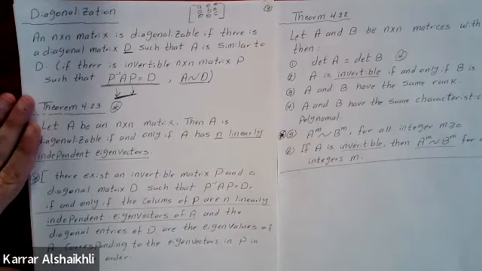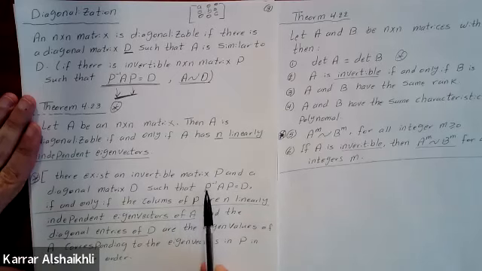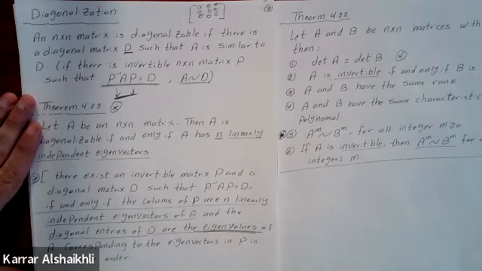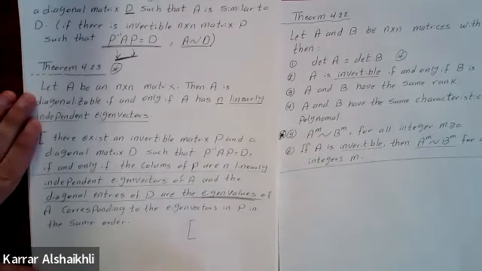And here's the thing. The diagonal entries of D, this is also an important thing, D is the result of multiplying P inverse times A times P, we're going to get the matrix D. The diagonal of this matrix is going to be what? The eigenvalues.